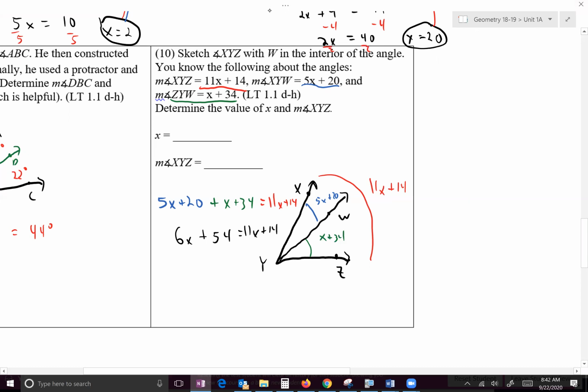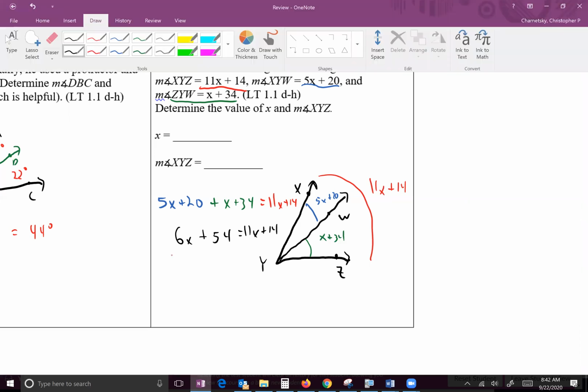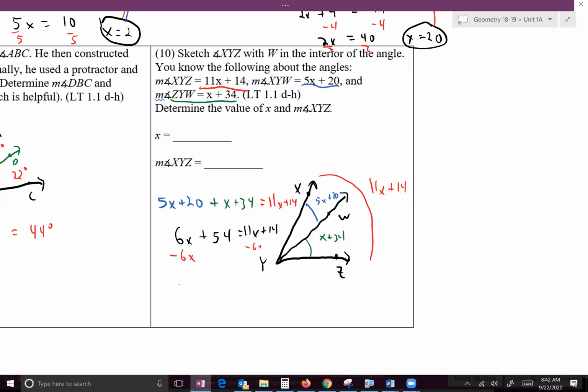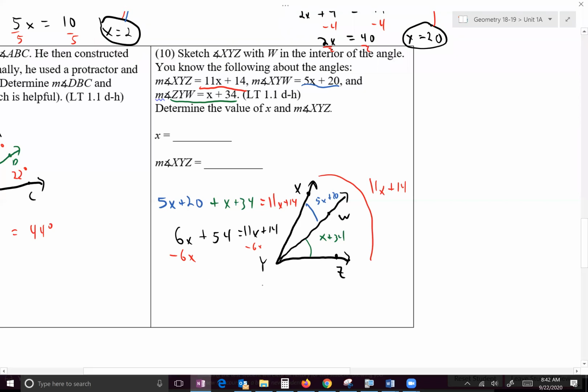So now I do have x's and things that are on different sides of the equal sign. So now I do have to actually subtract from both sides. So we'll go ahead and subtract 6x. So then we get 54 equals 5x plus 14.